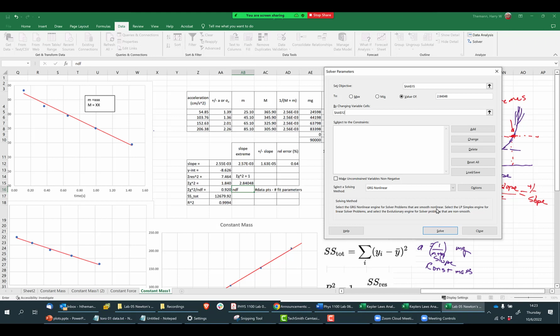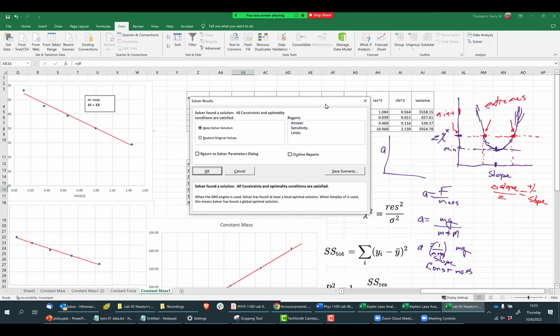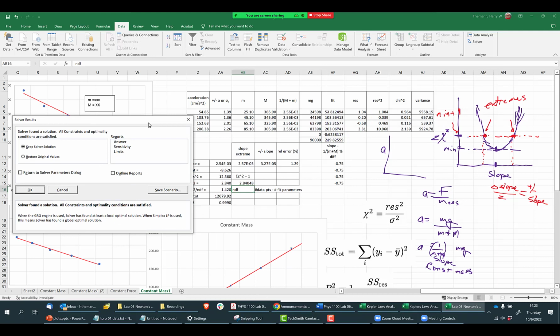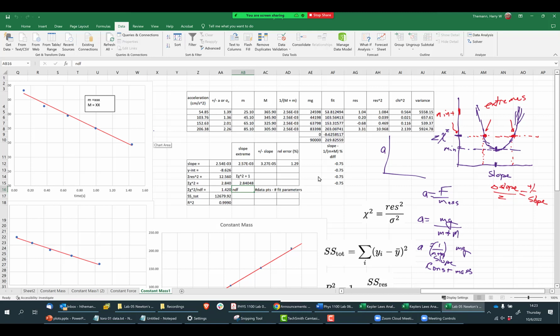Okay, so now I hit solve. And let's just see that it didn't do something absolutely crazy. No. Okay, now, if you think about it for a minute, it's given me something that was lower than the previous number, it looks like.